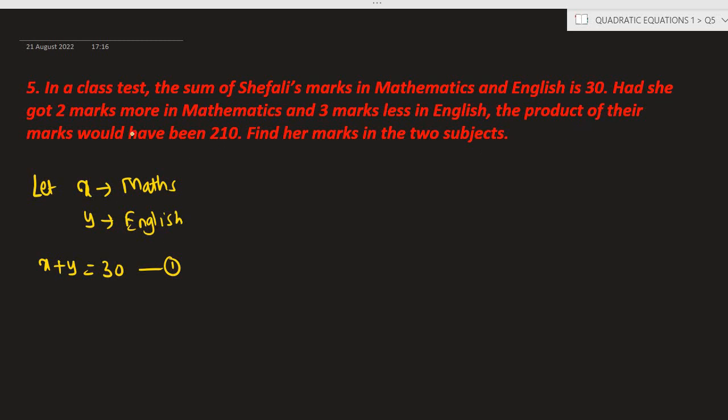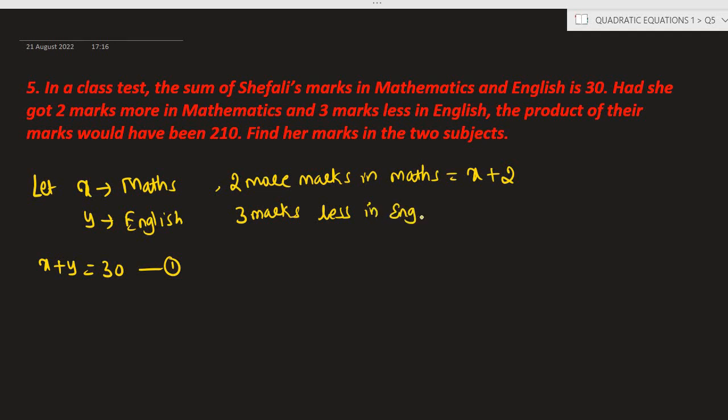Had she got 2 more marks in mathematics, it becomes X plus 2. If she got 2 more marks in mathematics and 3 marks less in English, then it becomes Y minus 3.